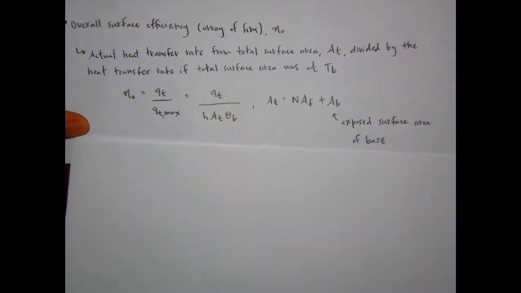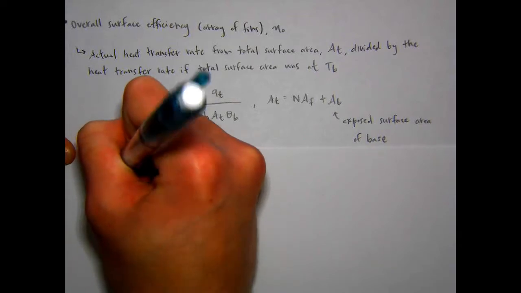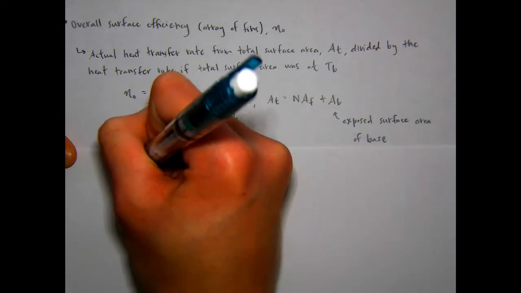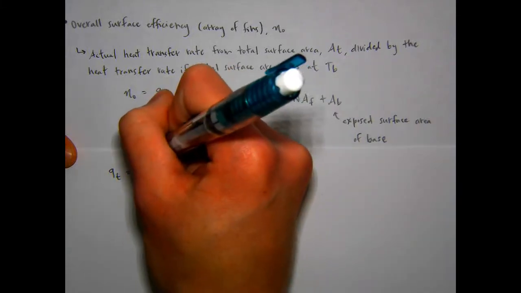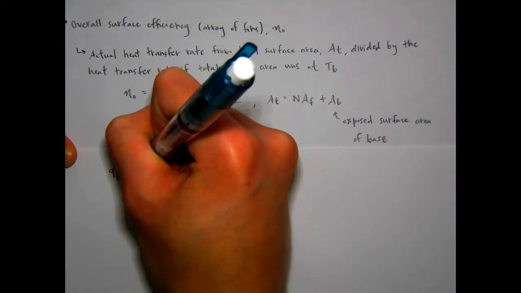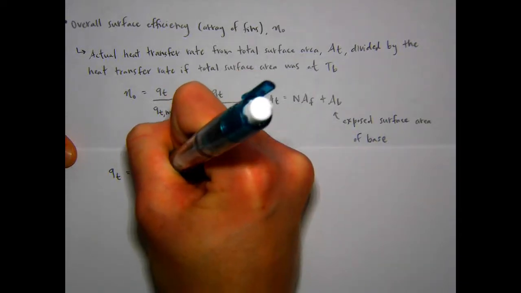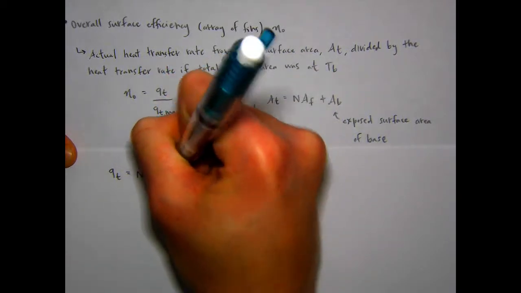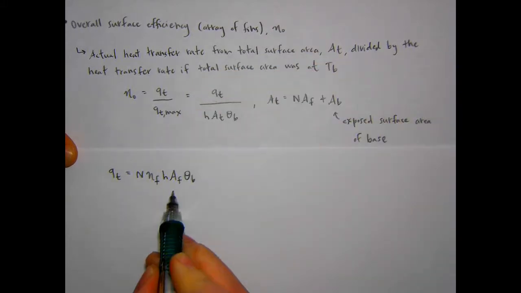So we want to come up with an expression for Q sub T as well, because it's just this kind of lumped heat transfer rate from the fins and the base. So that's going to be first the heat transfer rate from the fins, so the number of fins, times the single fin efficiency, times the maximum possible heat transfer rate from that fin.